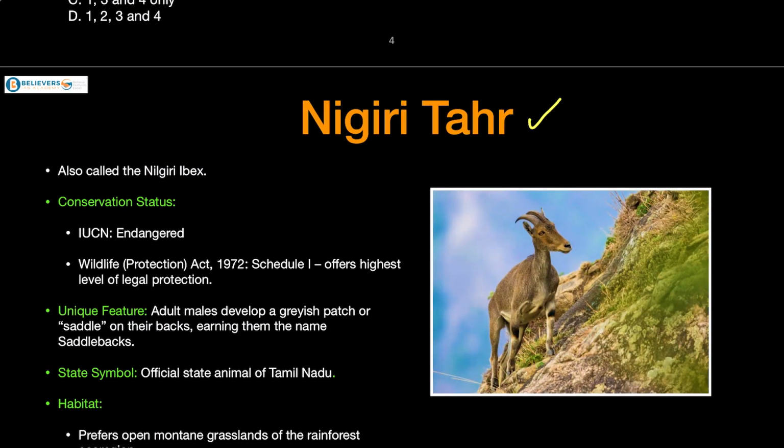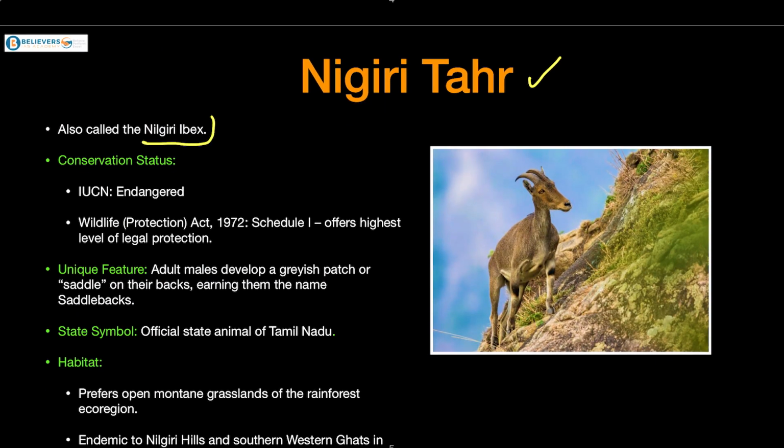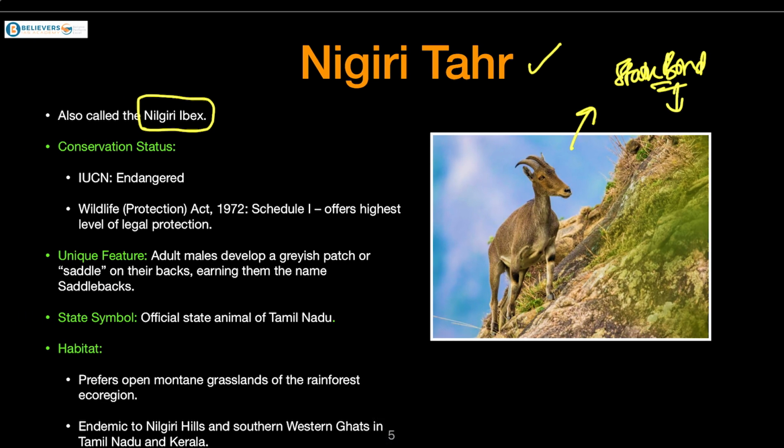Moving to the next species, Nilgiri Thar. It is also called the Nilgiri Ibex, and mind you, this is also the state animal of the state where it is located, Tamil Nadu. Sorry, not the bird, we were discussing birds and I just went on with the flow.